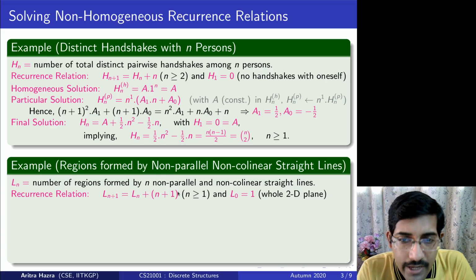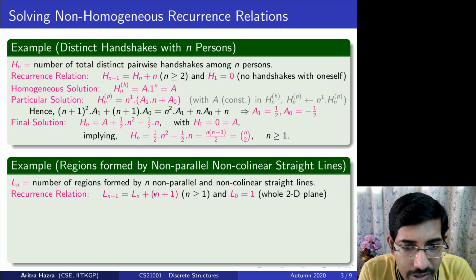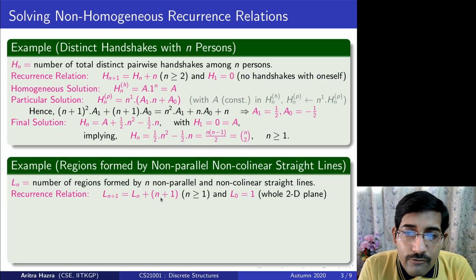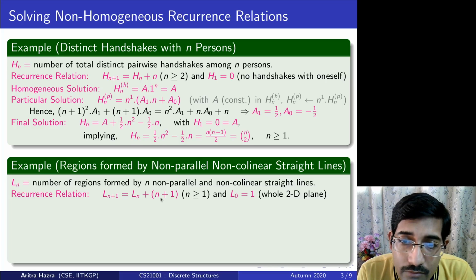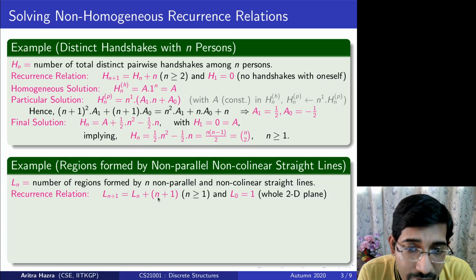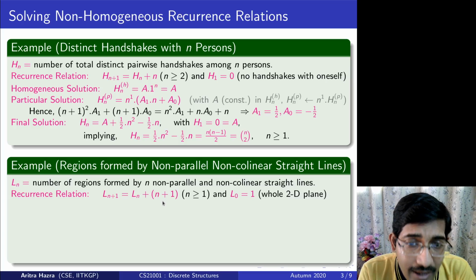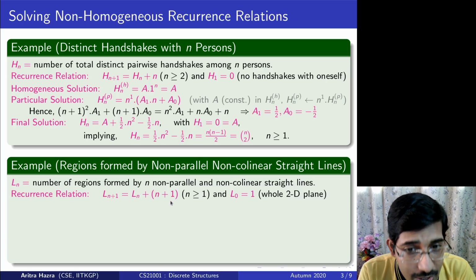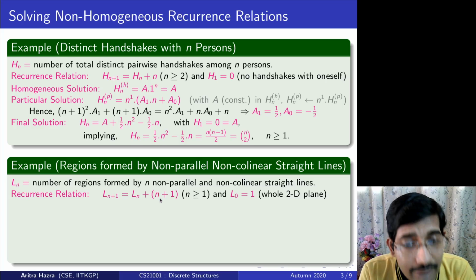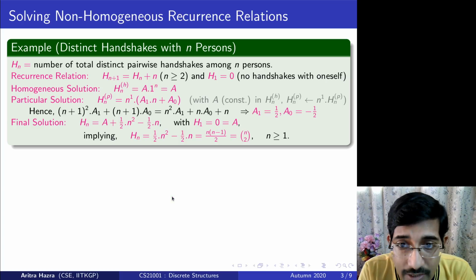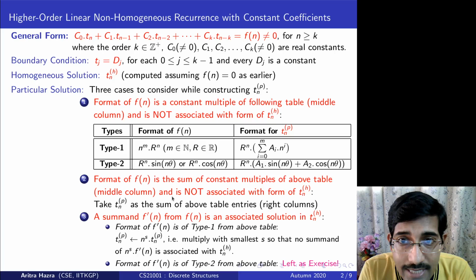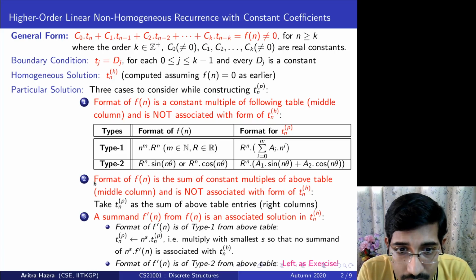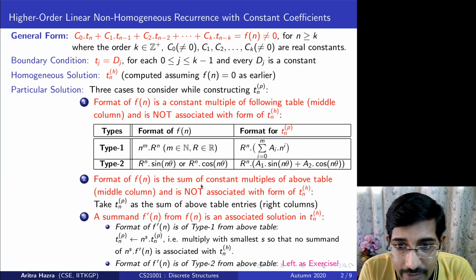So again, this is first order non-homogeneous, right? Again, we will invoke our previous table, but here you see my function has n and has a constant. So in my table, if there are two counterparts of the function, let us go back and see what I see. Type 2: fn is a sum of constant multiples of the above table.